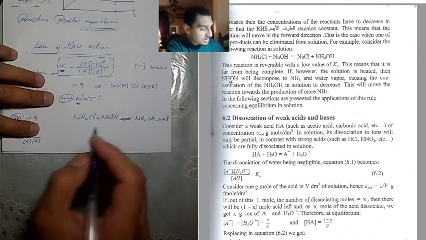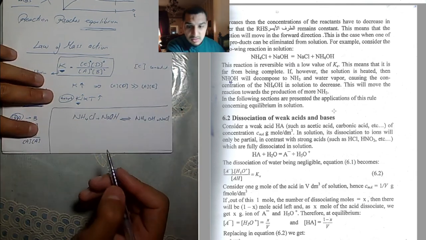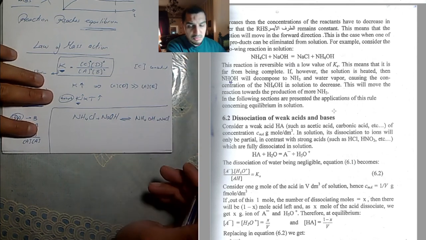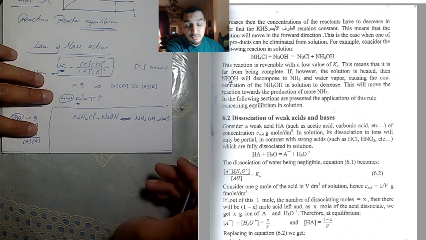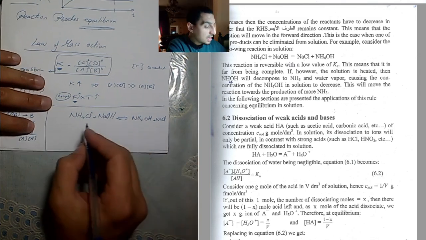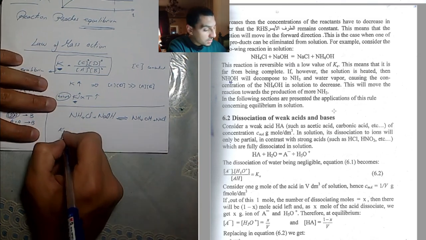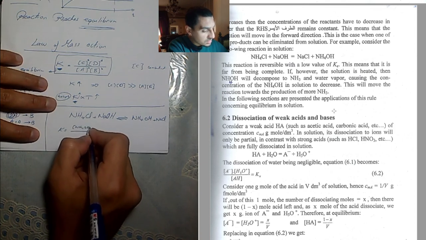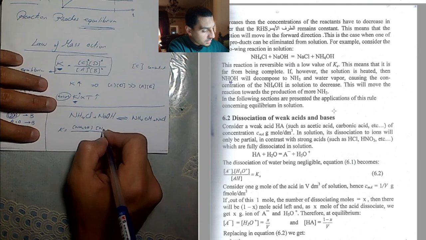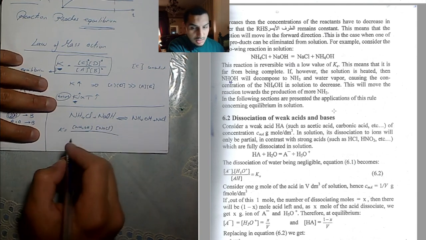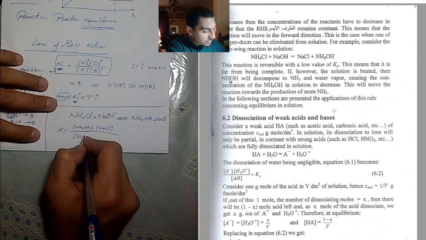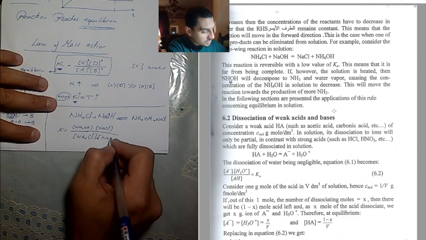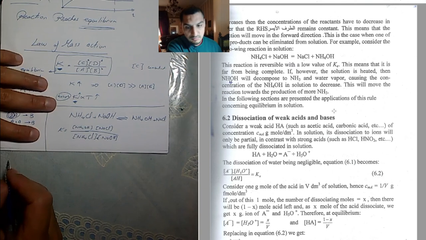So this is a reaction between two components giving two other components, and again the law of mass action is applicable here. So the equilibrium constant in this case is going to be the concentration of ammonium hydroxide multiplied by the concentration of sodium chloride divided by the concentration of ammonium chloride multiplied by the concentration of sodium hydroxide.